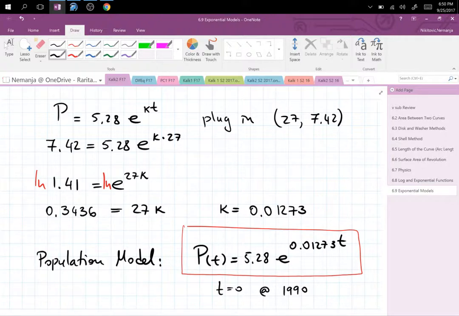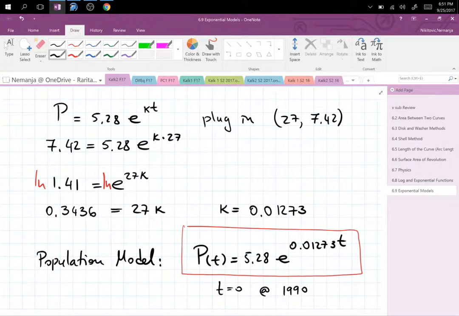So now that we have this population model, I would like to see whether it's good, and also what else I can get other than computing particular populations at times. The first concept in calculus we learn is limits. And I would like to see if this model is good in the long term.